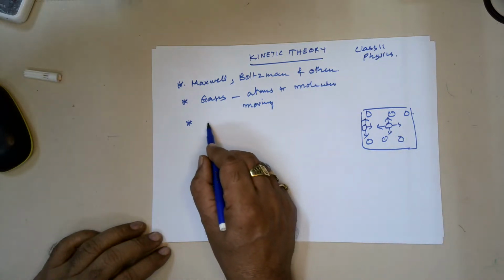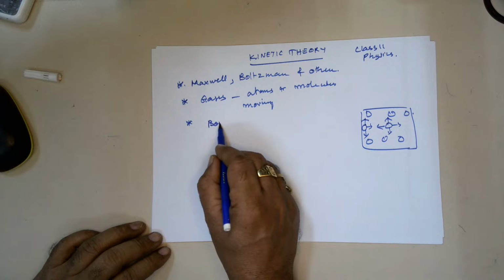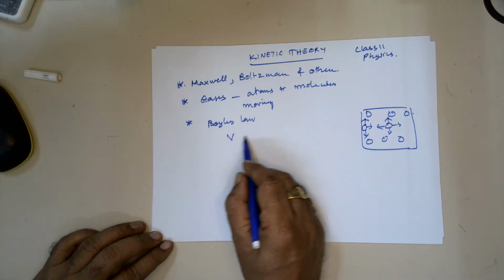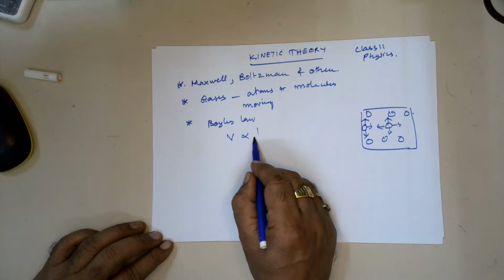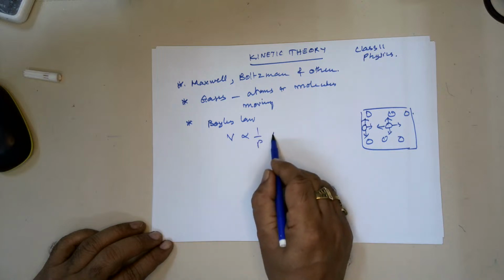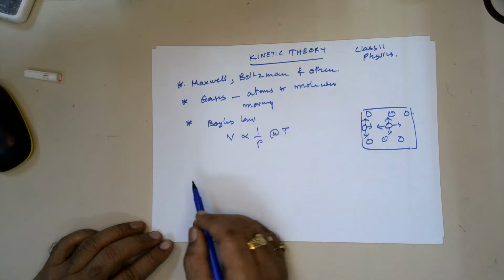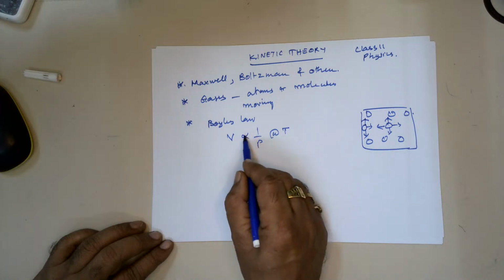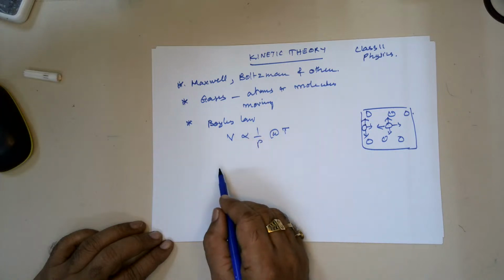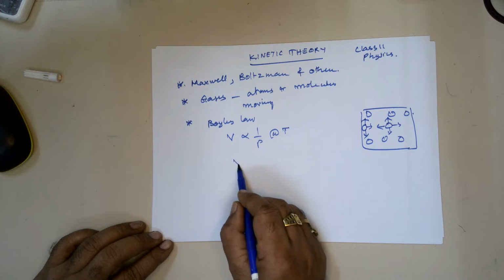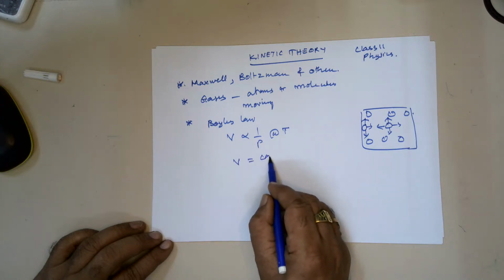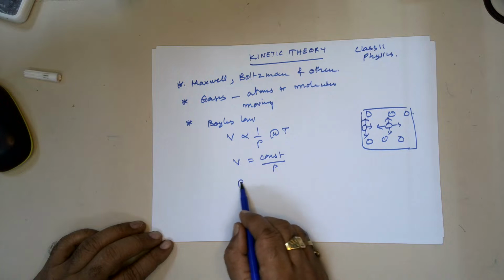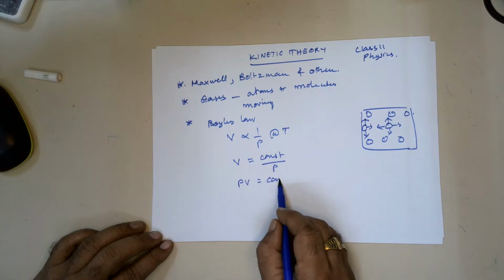We know, according to Boyle's law, the volume of a given mass of a gas is inversely proportional to pressure at constant temperature. We can introduce a constant when we remove the proportionality. So we can write V is equal to a constant divided by P. It means PV is equal to constant.